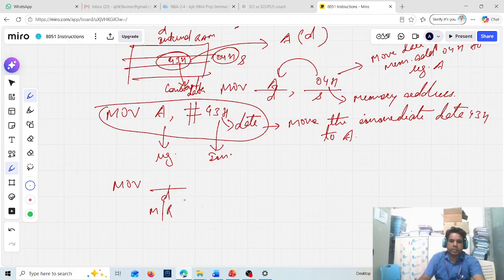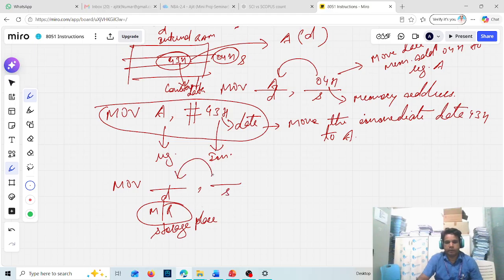You cannot use here immediate value, because this should be some storage place, and you cannot move the source into immediate value, because immediate value is some constant value. However, remember here source was also memory, and it could be register or it could be immediate value.